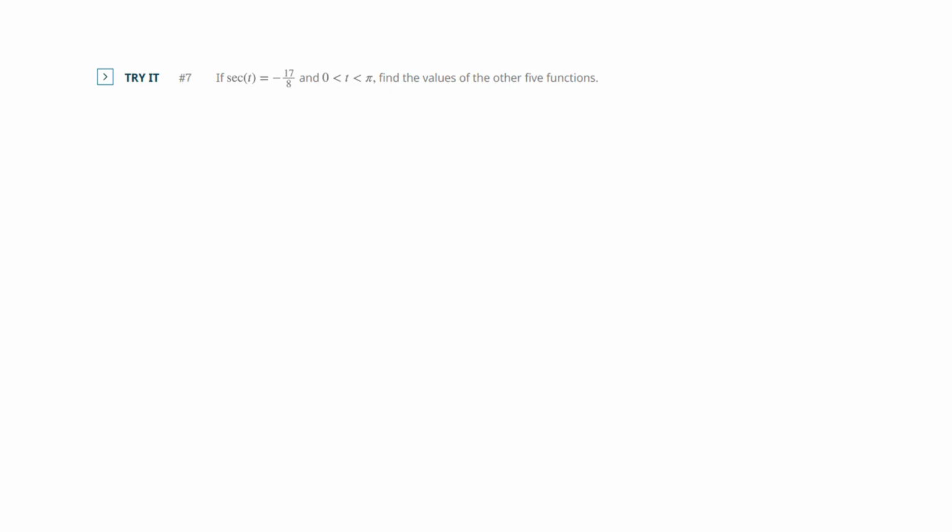Okay, now let's try another one here. Okay, so I'm trying to think through what they're telling me here. So they're telling me that our angle is somewhere either in the first or second quadrant. Okay, so we've got some investigating to do here. Well, secant, first thing I'm going to do is secant is 1 over cosine, right?